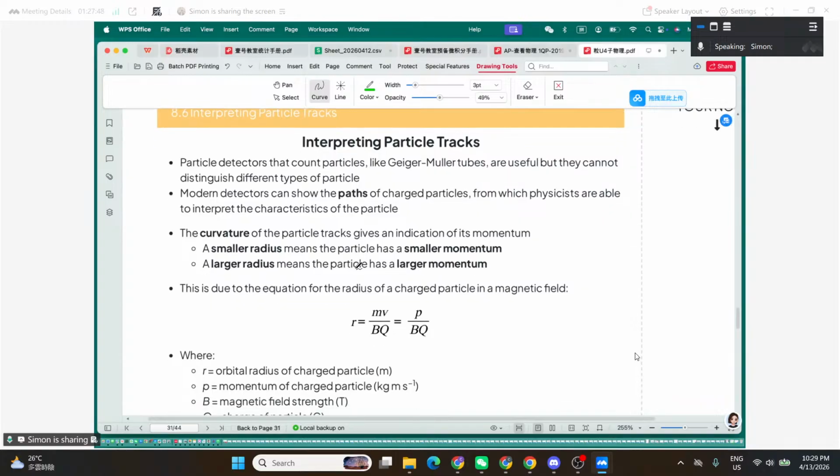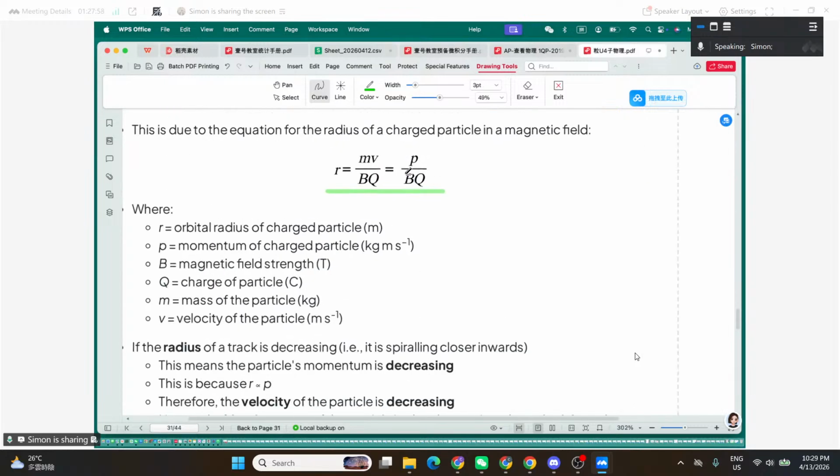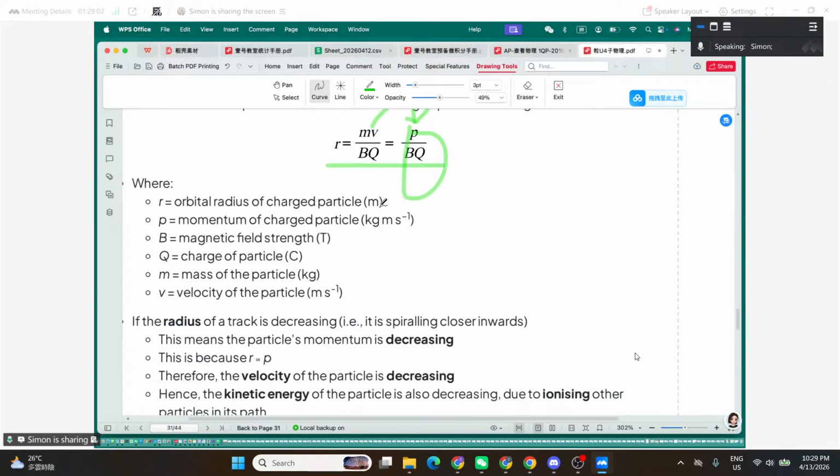So we want to know the radius, and any relation between the variables. First we have to establish the equation, r = mv over Bq, and mv is the momentum, right?